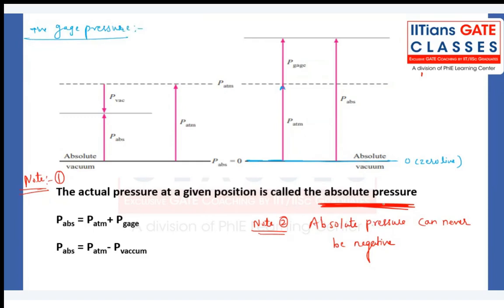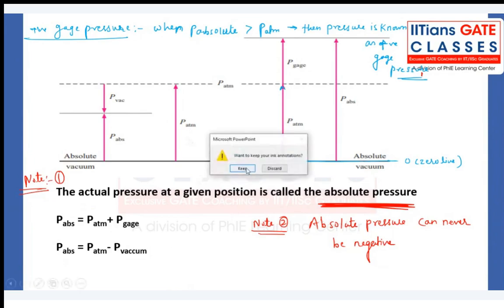The definition is whenever absolute pressure, when P absolute is more than P atm, then the pressure is known as positive gauge pressure. Or we can also write in the next slide.